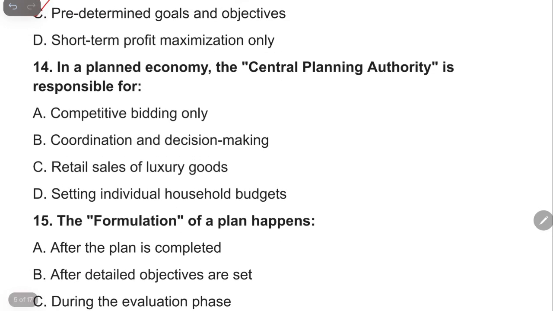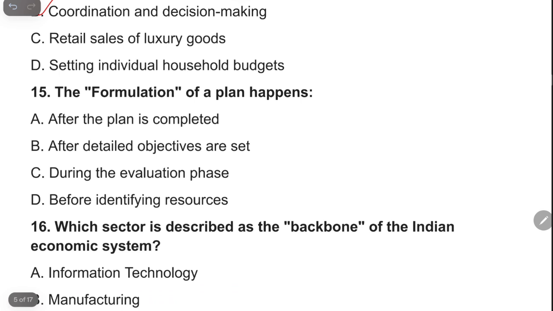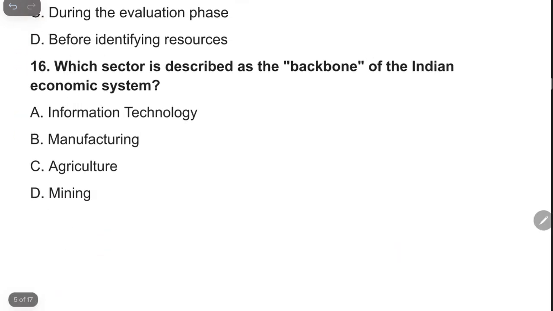In a planned economy, the central planning authority is responsible for coordination and decision making. The formulation of a plan happens after detailed objectives are set. Which factor is described as the backbone of the Indian economic system? Agriculture.